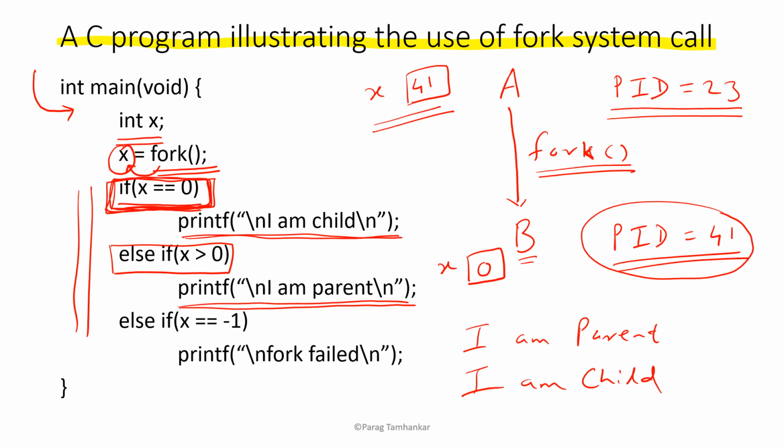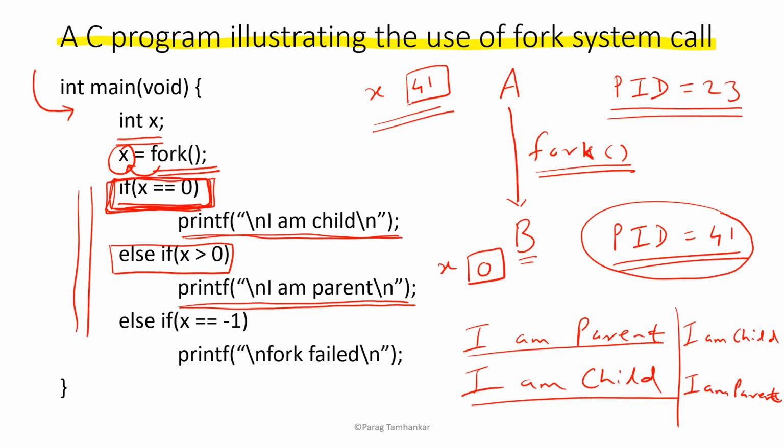But in case the child gets a chance to execute printf first, then the output will be I am child and then I am parent. It all depends upon how the processes get scheduled. So you don't know in what order the output will be printed, but one thing is for sure, that the parent will print I am parent and the child will print I am child. The order in which they will run cannot be predicted.